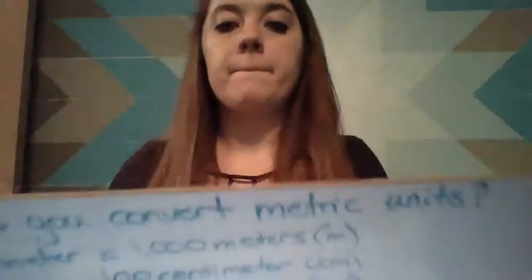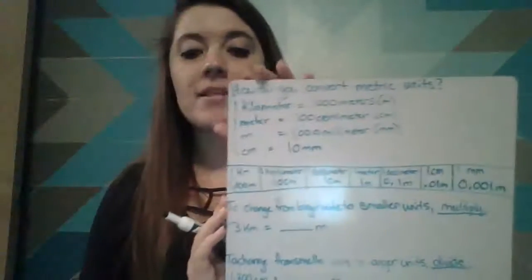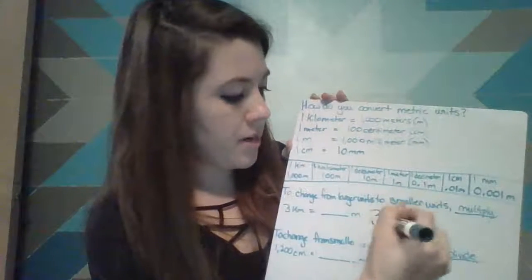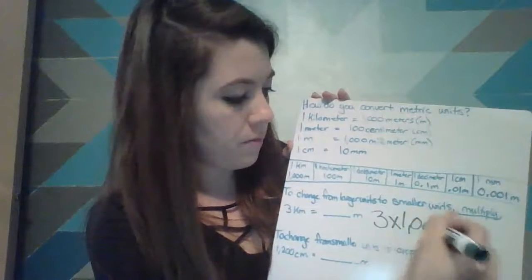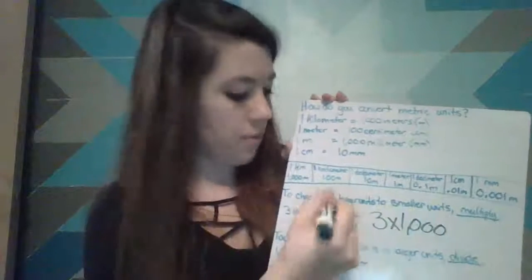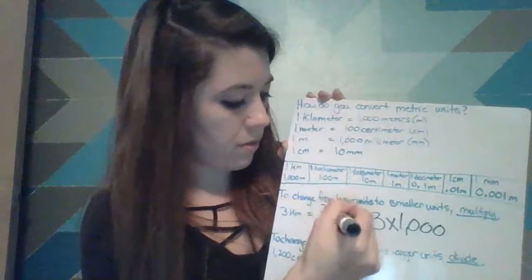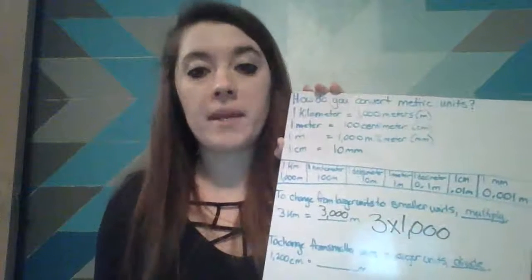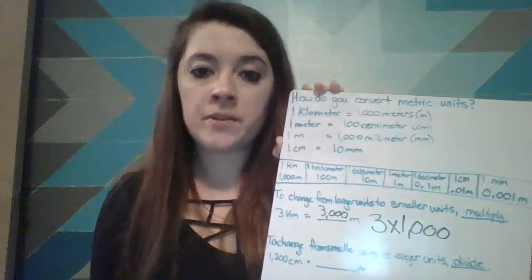So we're going to multiply, and because we know 1,000 meters is 1 kilometer, we're going to take 3 times 1,000, which is going to give us 3,000 meters.